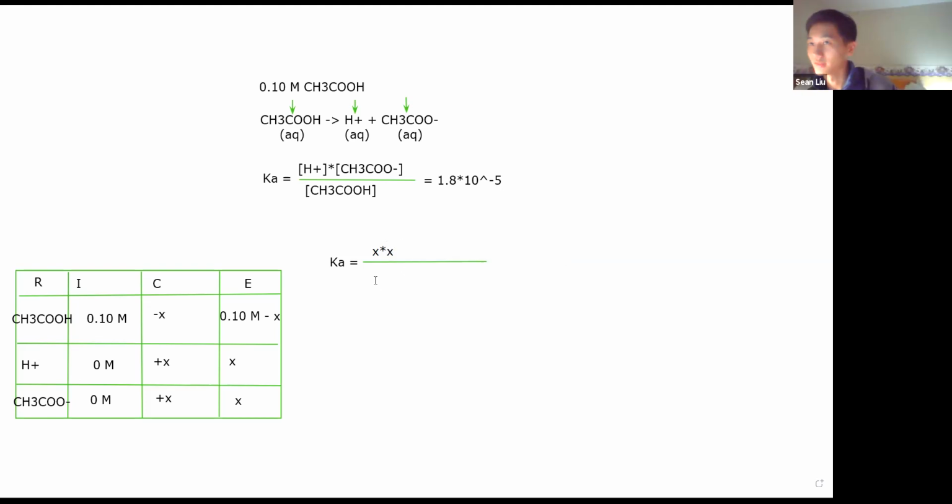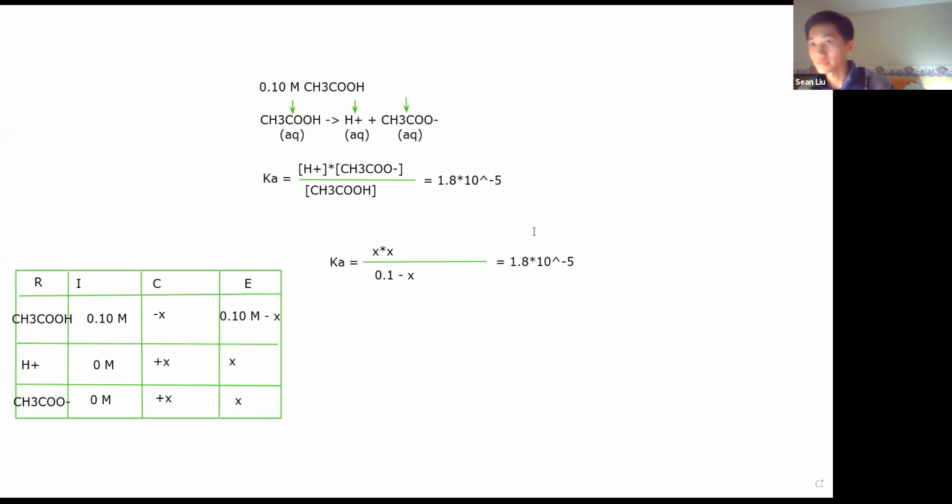X squared, yes. Larry's jumping ahead. That's great. And Larry, as you pointed out, the denominator would have 0.1 minus X. We're just plugging in the E values, right? And this would be equal to 1.8 times 10 to the negative 5, our Ka expression.